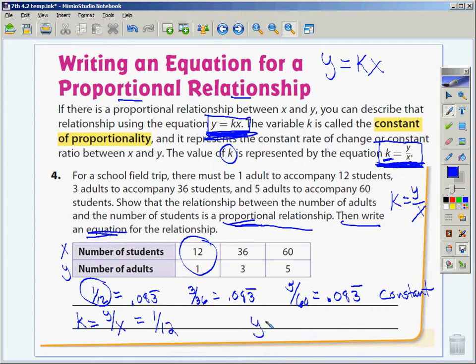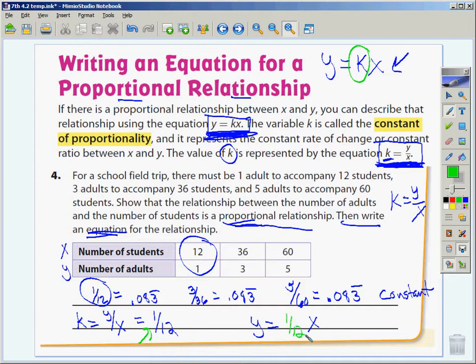They said write an equation. When I'm writing an equation, I'm using this, and the only thing I have to replace is K, which I can find from the table. What was K equal to? 1 over 12.